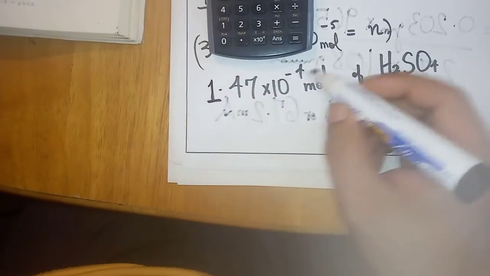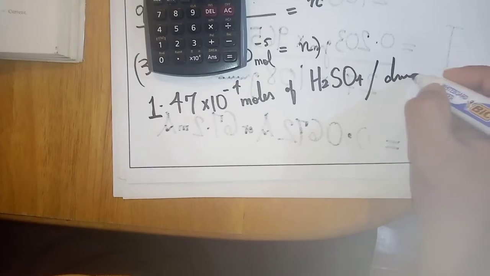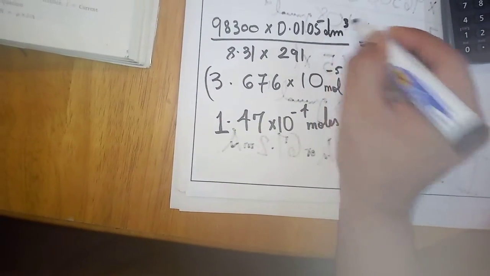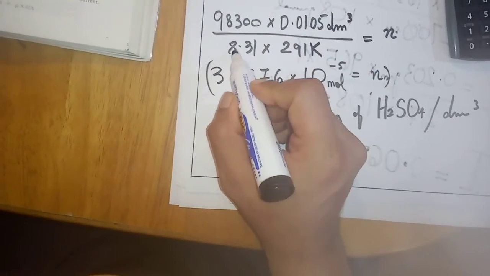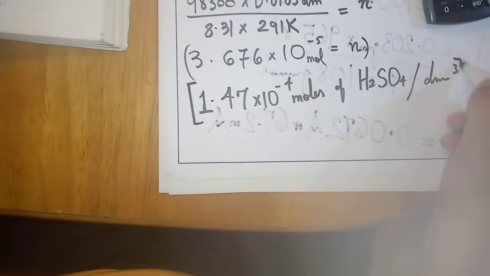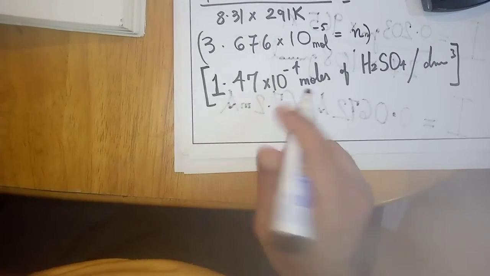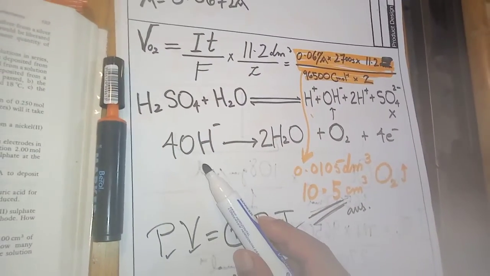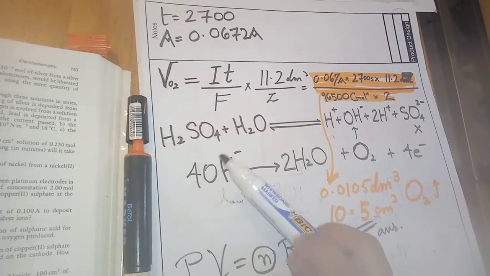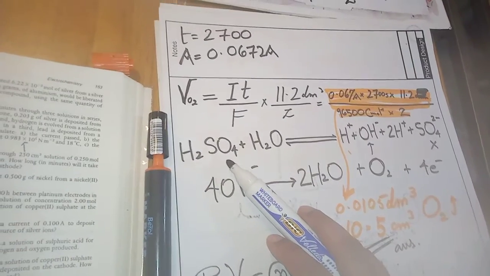Assuming in 1 dm cubed, I guess. So this is per dm cubed. We're assuming per dm cubed because we've taken this in dm cubed, and this is in Kelvin, so it has to be in dm cubed. The 1 mole of oxygen is liberated from 4 moles of hydroxyl ions, and 1 mole of hydroxyl ion comes from 1 mole of sulfuric acid.